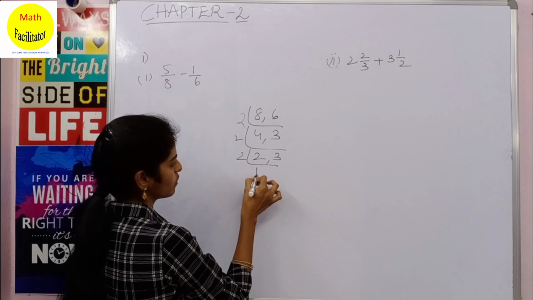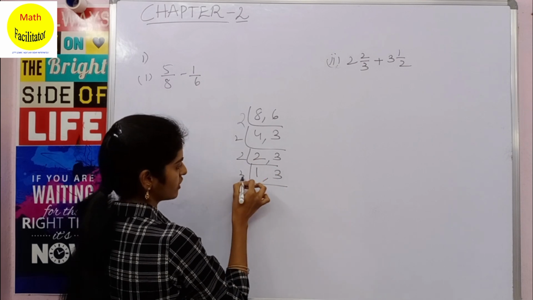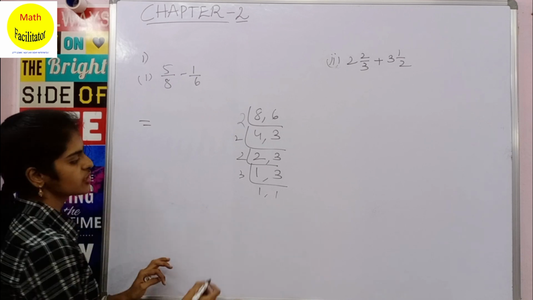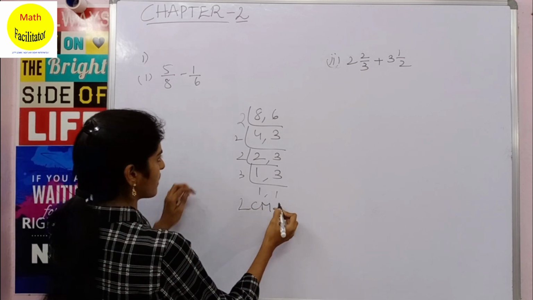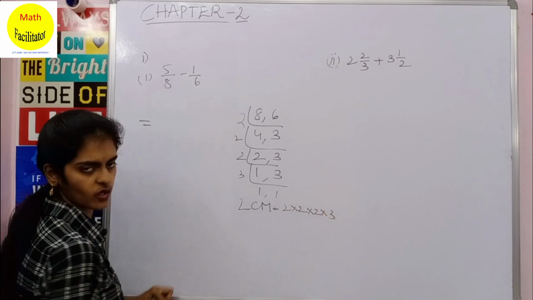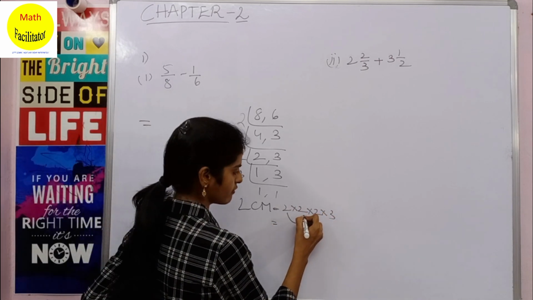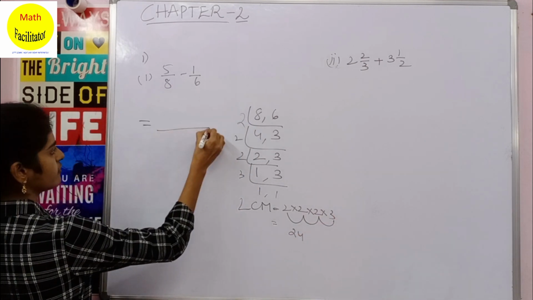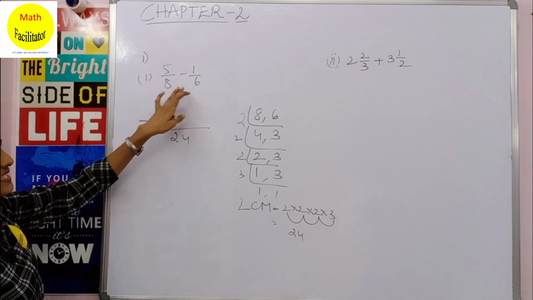Now 2 1s are 2 and 3, now 3 1s are 3. Now you have 1 and 1, so you'll stop here. So LCM is nothing but 2 into 2 into 2 into 3. 2 2s are 4, 4 2s are 8, 8 3s are 24. So LCM of 8 and 6 is 24.